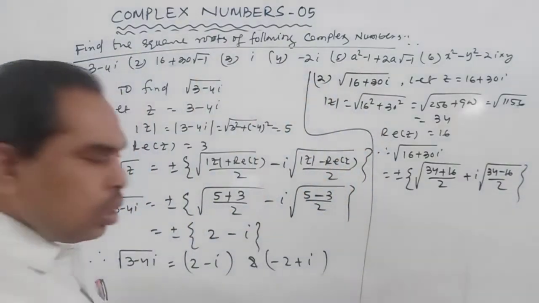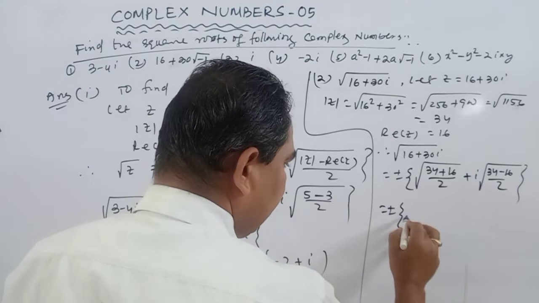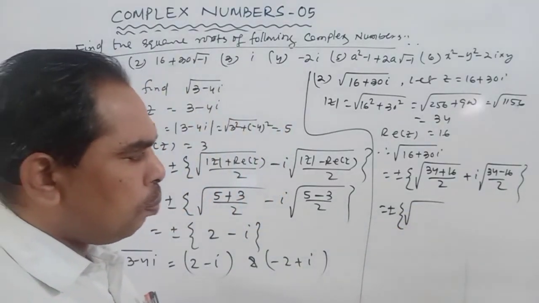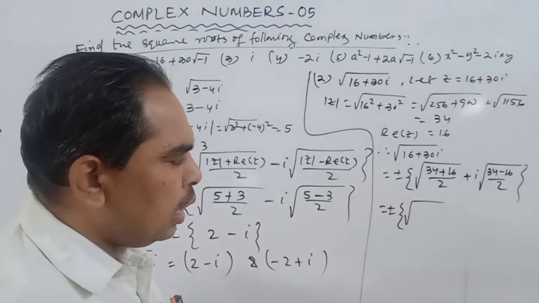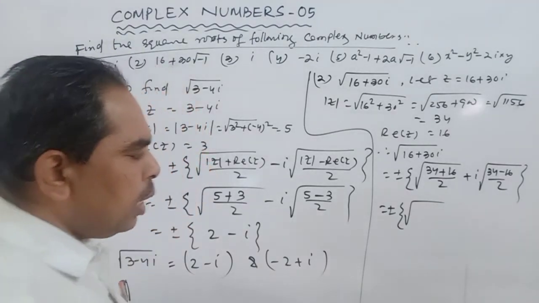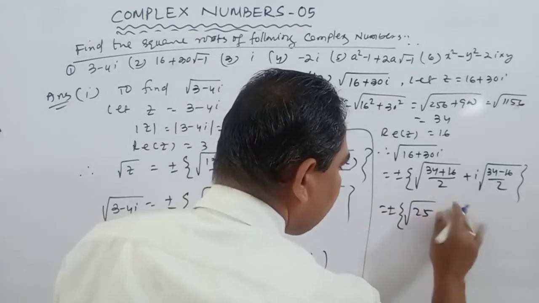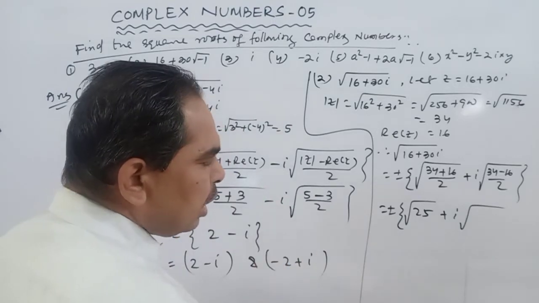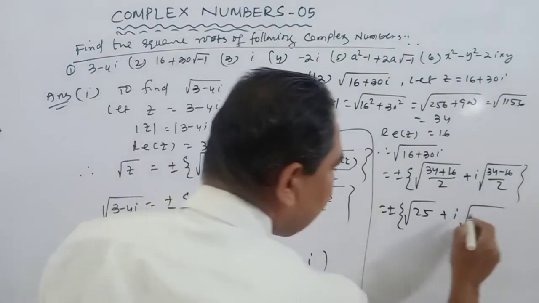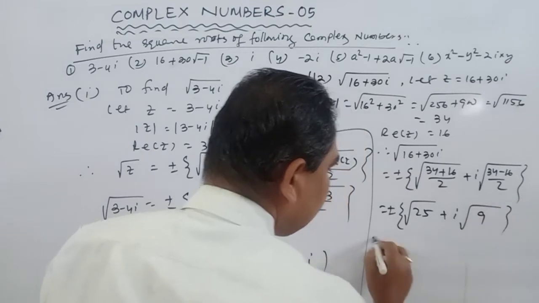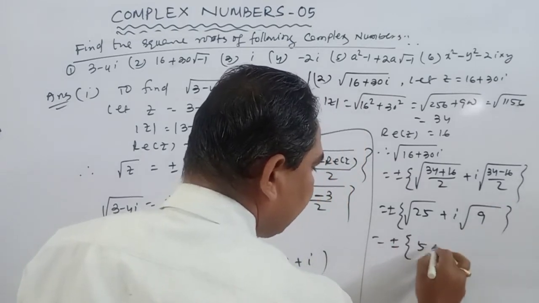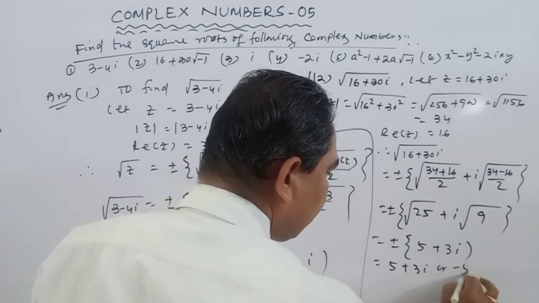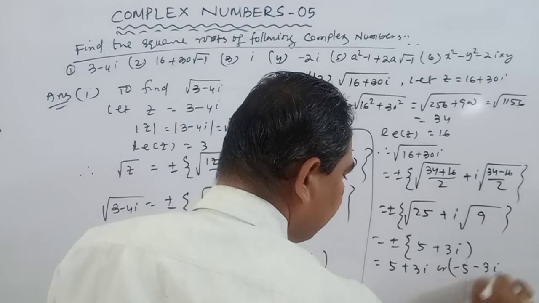So it is equal to plus or minus the square root of 34 plus 16, that is 50, by 2, 25, plus i times the square root of 34 minus 16, which is 18, 18 by 2 is 9. So it is equal to plus or minus (5 plus 3i). So the answer is 5 plus 3i or minus 5 minus 3i.